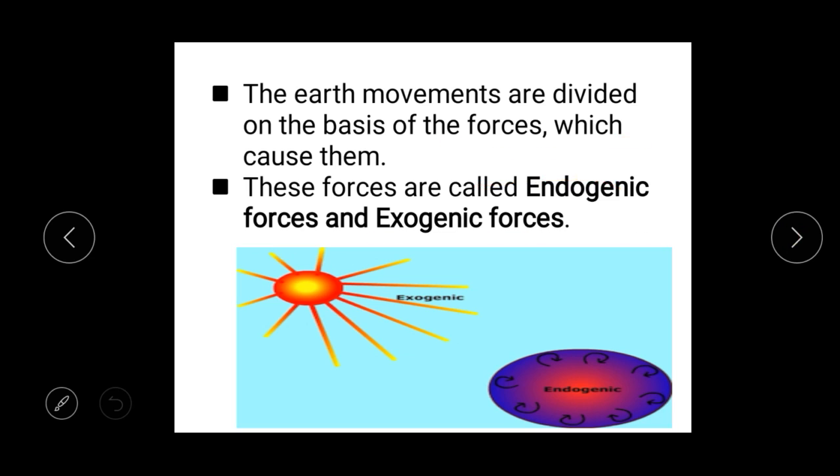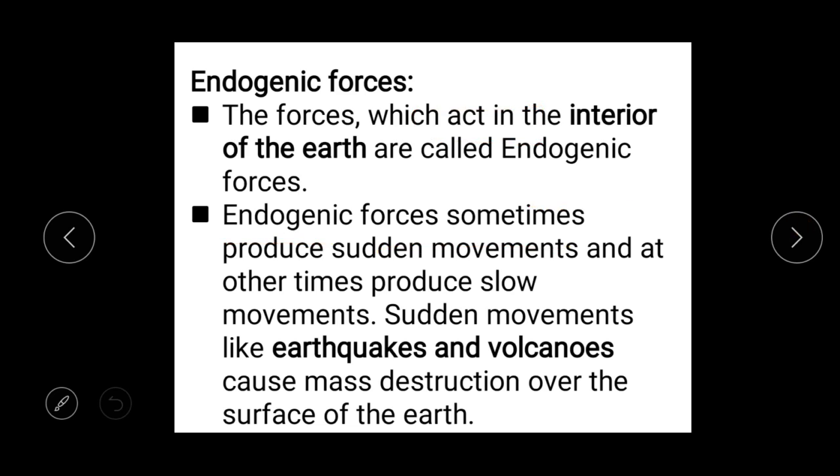Very good. Next, the earth movements are divided on the basis of the forces which cause them: endogenic forces and exogenic forces. How many types of forces, children? Two types. First, we are going to see about endogenic forces.